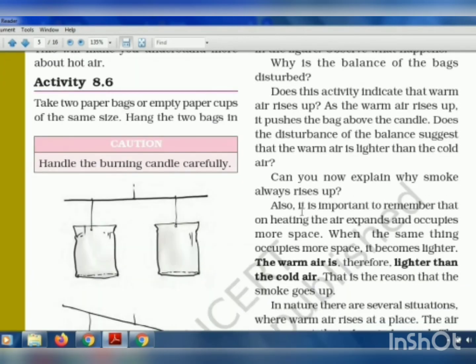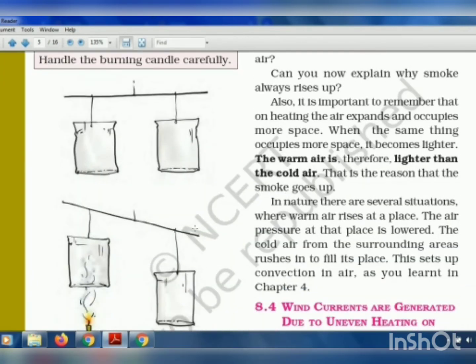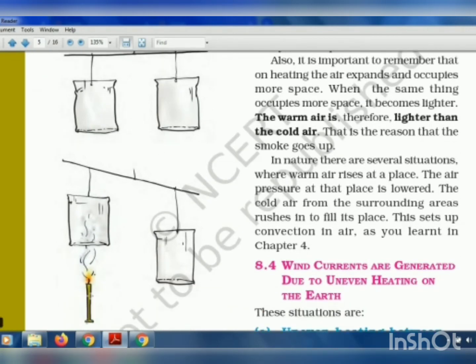Now the next experiment tells you that you have to take two paper bags. You have to put a burning candle below one of the paper bags, and what you will see is that the paper bag under which you have put a burning candle blows up and starts to move up as compared to the other paper bag.